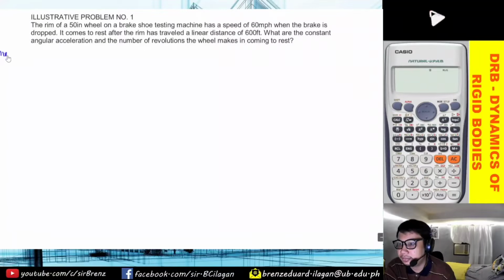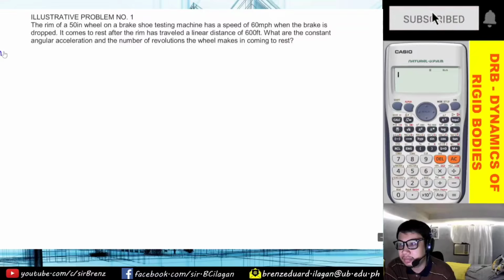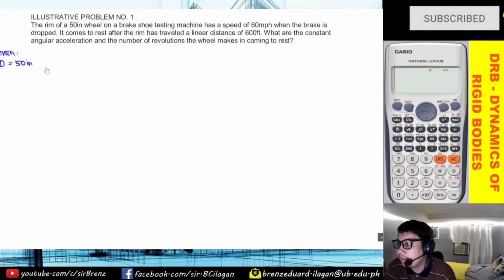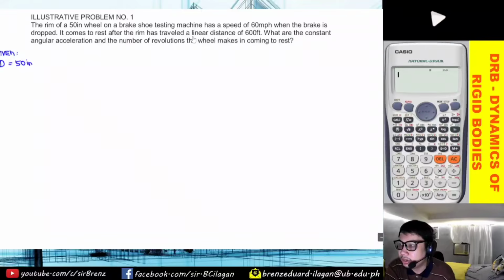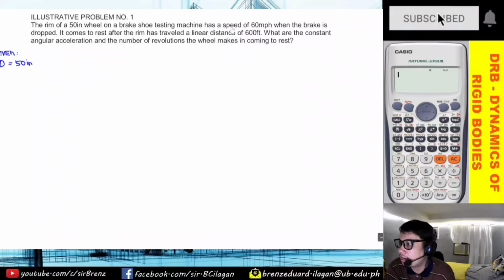Again, the given is the rim of a 50 inches wheel, so the diameter of our wheel is 50 inches. And the speed of the wheel is traveling at a rate of 60 miles per hour.